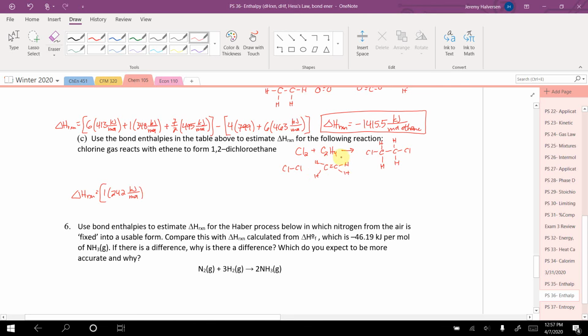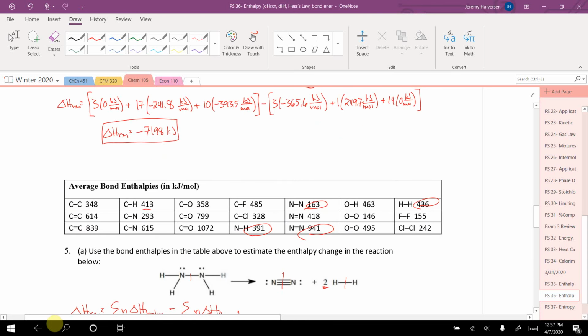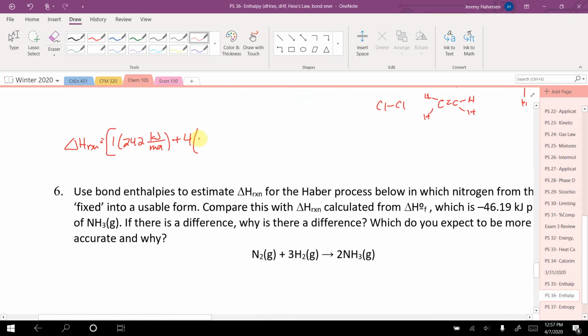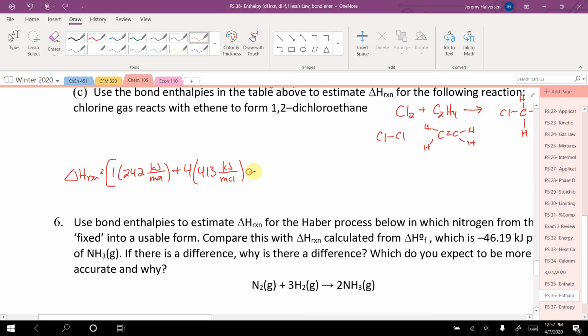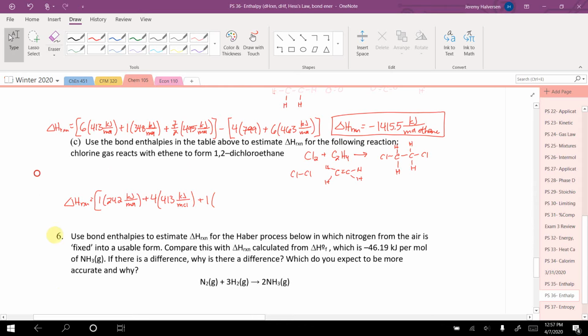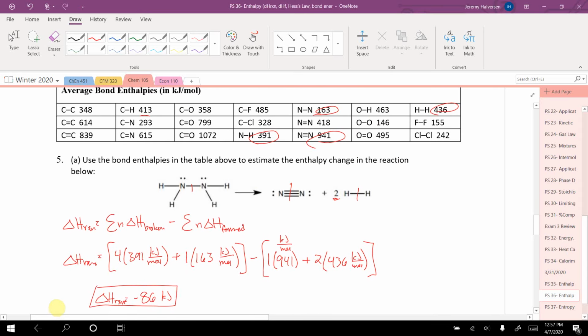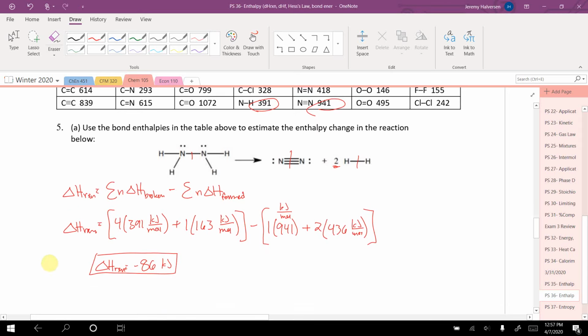We've got 4 CH bonds, which are each 413. We've got a CC double bond, 614.